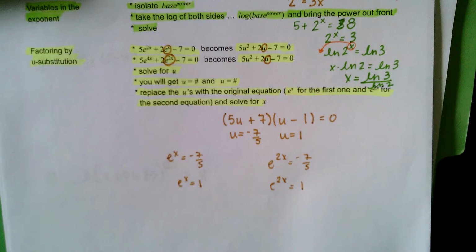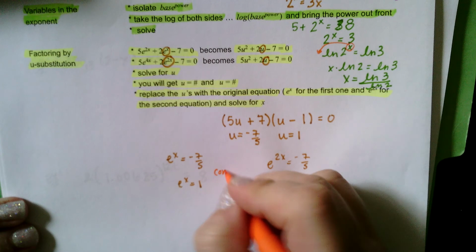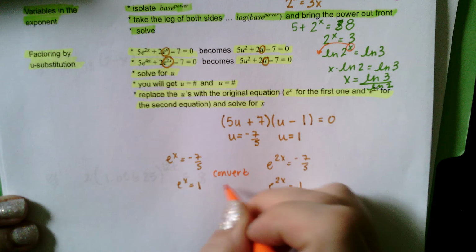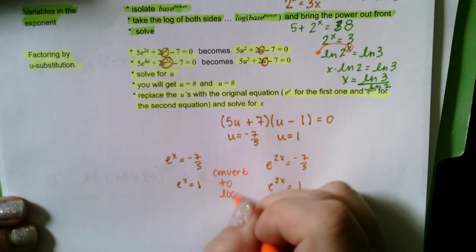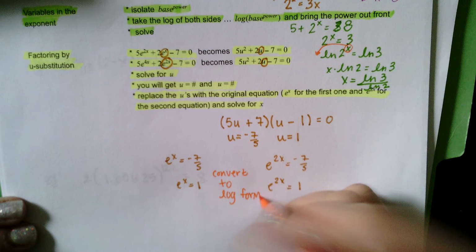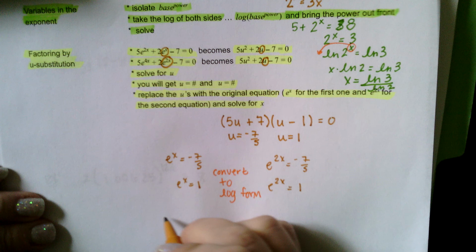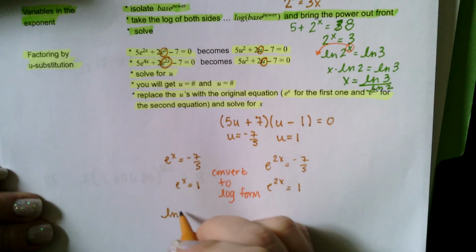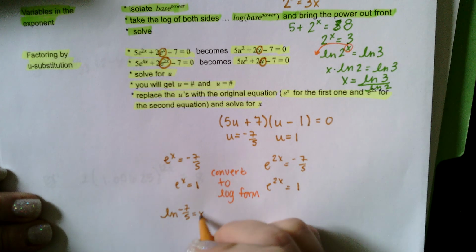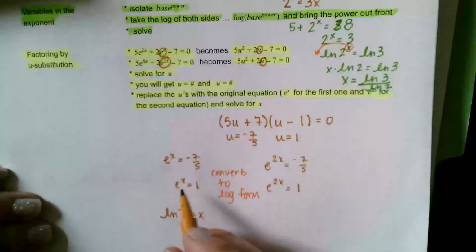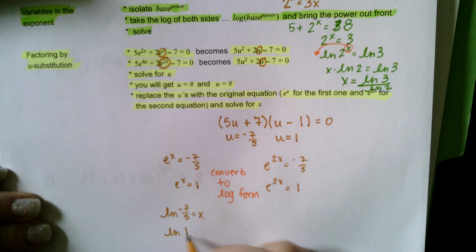So when that says solve for x, essentially what we're going to do at that point is convert to log form. Since these are e to those, it becomes natural log. So I would have natural log of negative 7/5 equals x on this one, and natural log of 1 equals x on the other one.